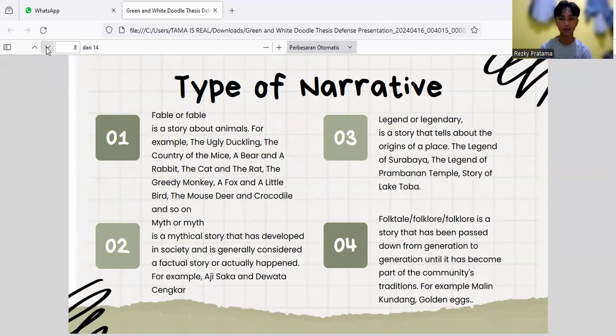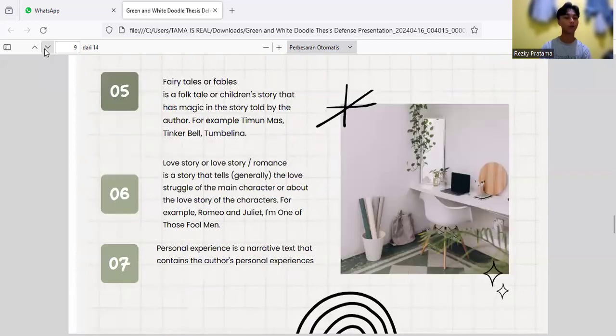It's a story that has been passed down from generation to generation until it has become a part of community tradition. For example, Malin Kundang, Golden Eggs, or Tangkuban Perahu.